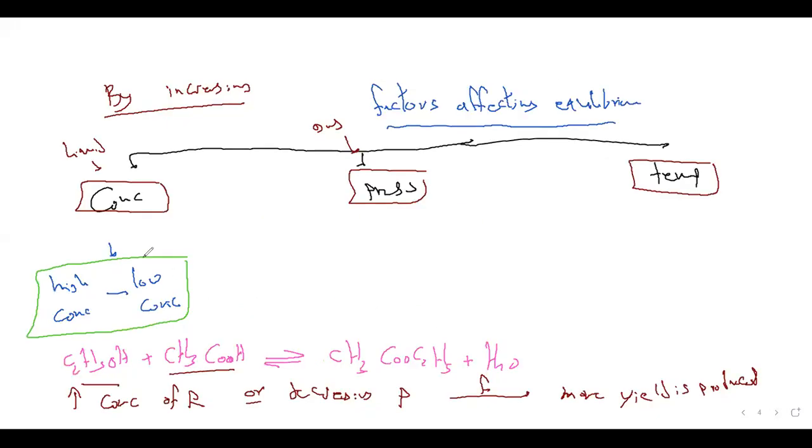So for the first one, concentration, by increasing the concentration of reactants or decreasing the concentration of the products, the reaction moves forward and more yield is produced. So we can summarize for concentration: it moves from high concentration to low concentration.